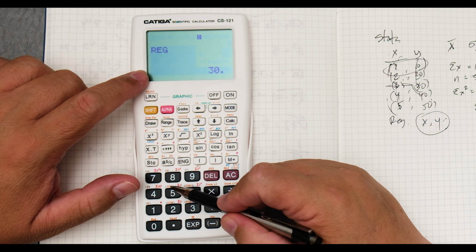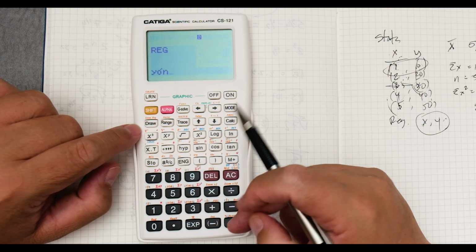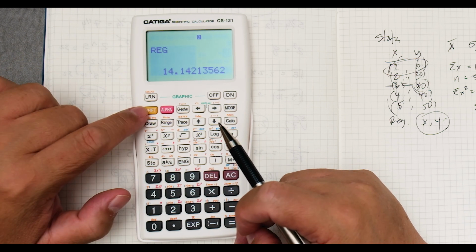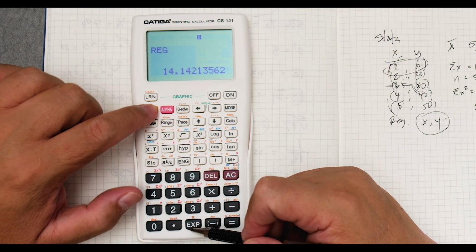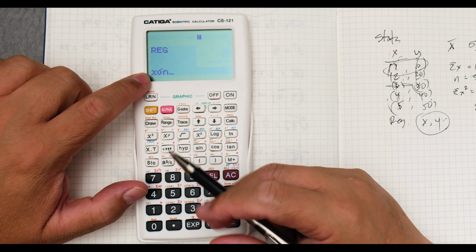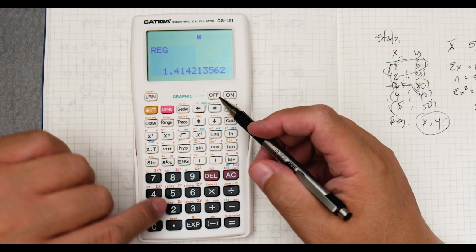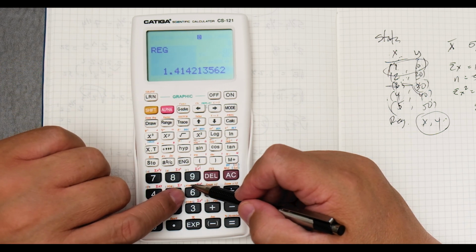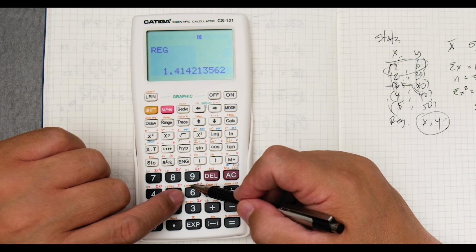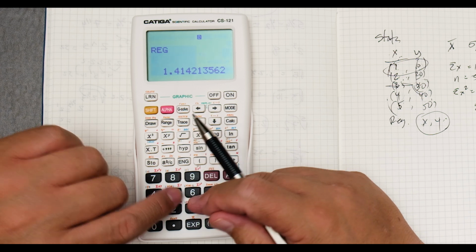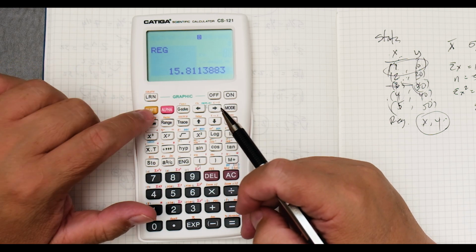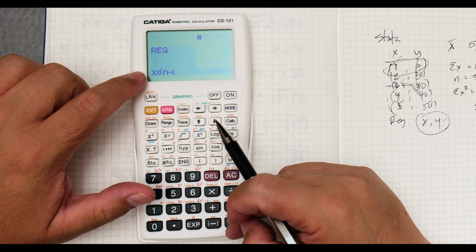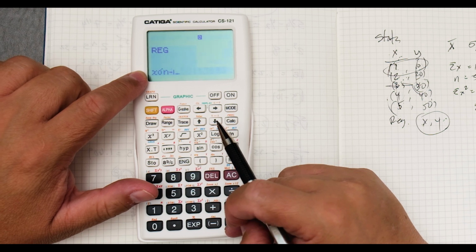The population standard deviation for y is right here on 5, you have to press shift. For the population standard deviation for x, you press shift and 2. The sample standard deviation is on 6 for y, so shift 6 gives you the answer, and shift 3 gives you the sample standard deviation for x. Very nice.